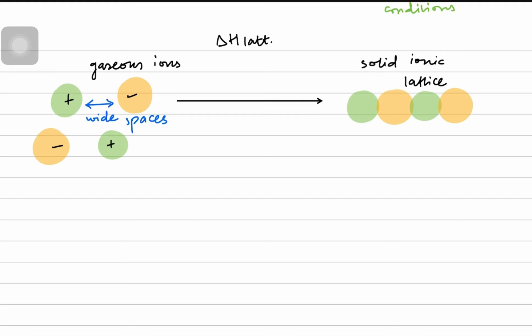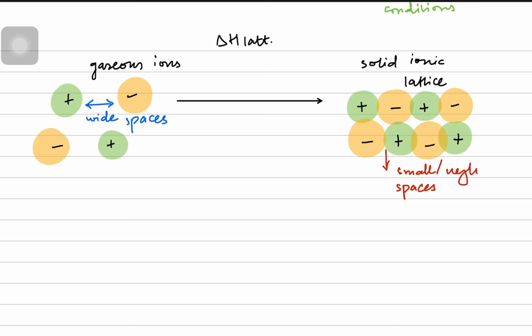I'm not making it very accurately, I know, but the whole point is that this lattice has ions in the solid state, which means the particles are tightly packed together. So there are small spaces, or you can say negligible spaces, because the particles are highly close together and now they have made a solid ionic lattice.